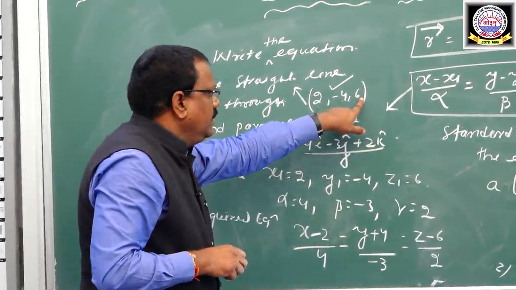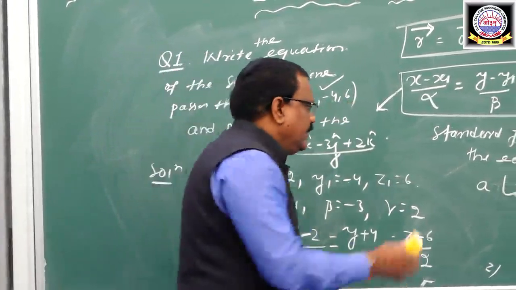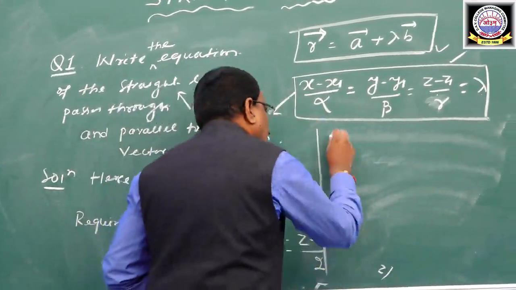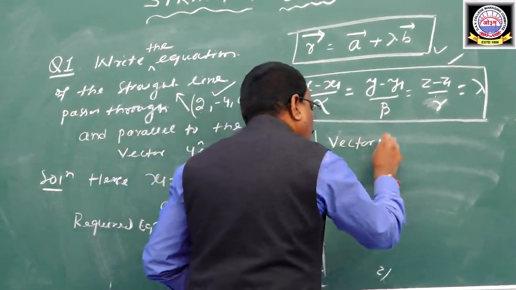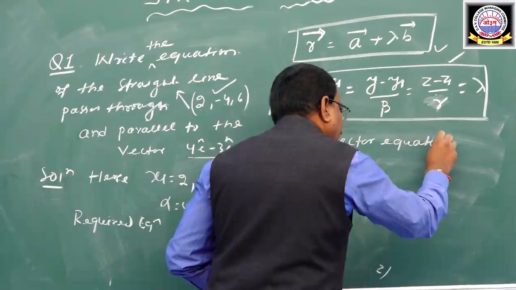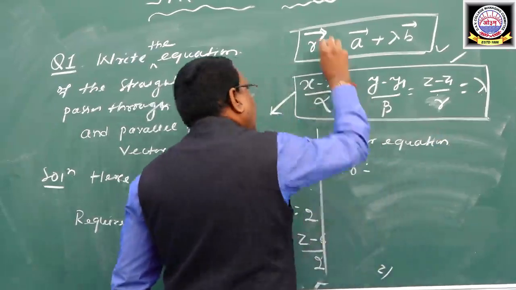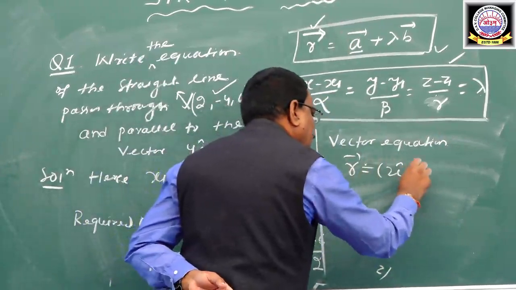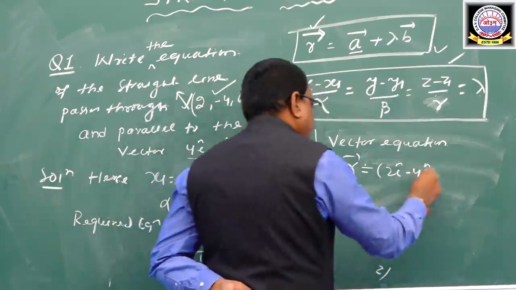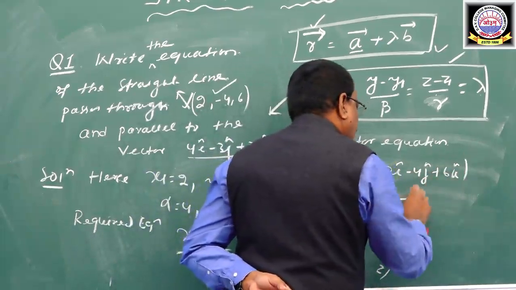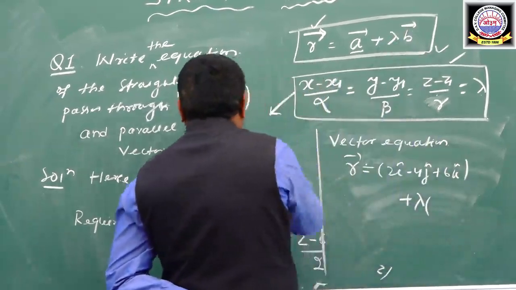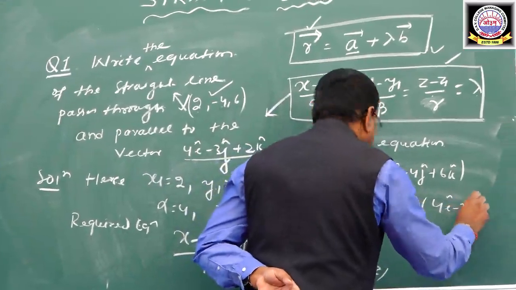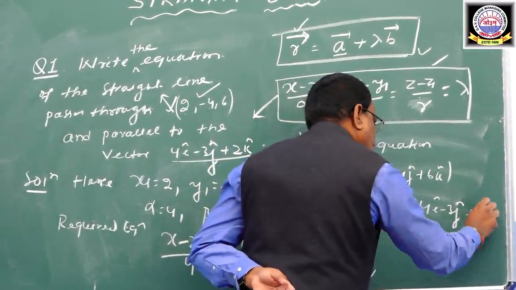So r vector is equal to A, which is the point 2i minus 4j plus 6k, plus lambda times the B vector, which is given as 4i minus 3j plus 2k.